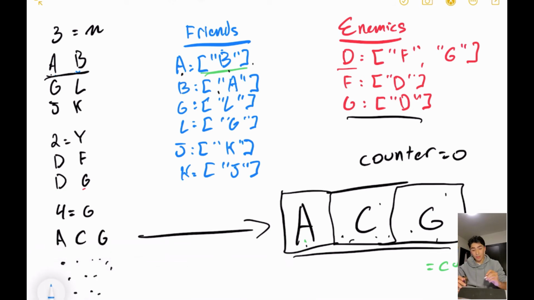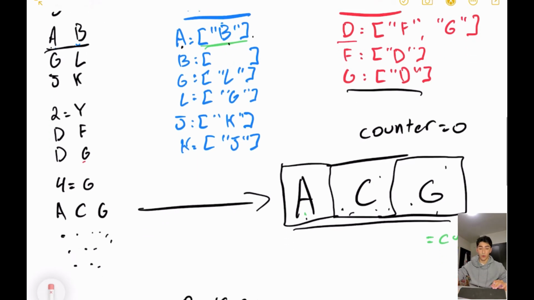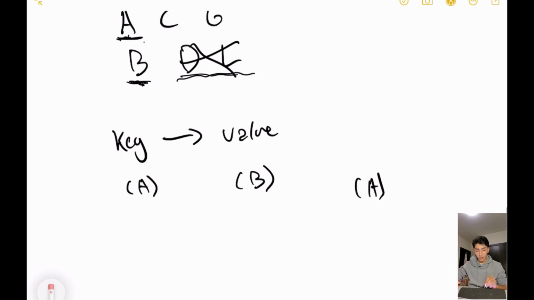B, now eliminate the value A from the values of B. So we're gonna eliminate this. Now I understand that's gonna be super confusing, so we're definitely gonna code it out, and I'm sure it's gonna make a lot more sense when we code it. But simply put, we're gonna remove the key's value that's pointing to the key. I know, this is super confusing.